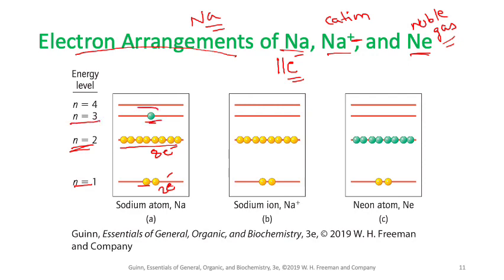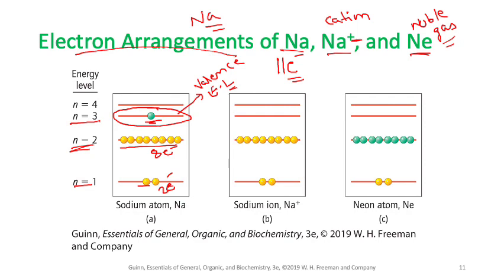So this third energy level, for sodium, we normally call the valence energy level. And then this electron we call the valence electron, right?